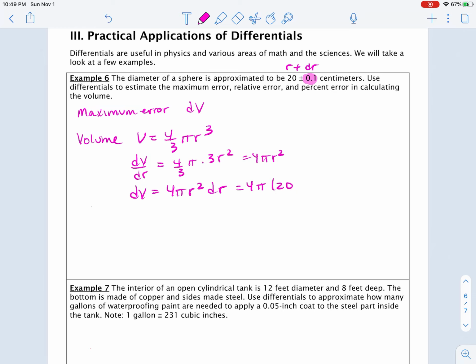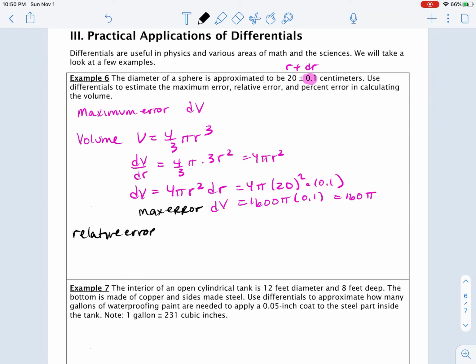So if I plug those values in, my maximum error is going to be 4 times pi times 20 squared times 0.1. 20 times 20 is 400, 400 times 4 is 1600, and 1600 times 0.1 is going to be 160 pi. Good. That is my dV. That is my maximum error in approximating the volume using just 20 and not 0.1.